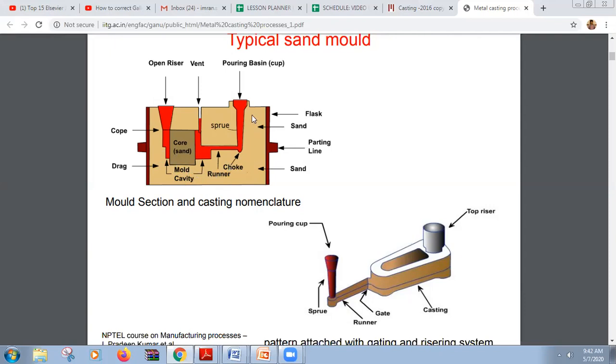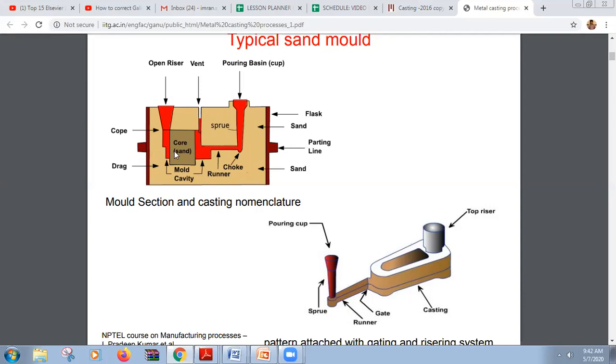Molding sand is filled into the inverted drag part, that is the lower part of the flask. When this sand is completely filled, we reverse the molding flask, we reverse the drag, so that the drag's upper portion comes upside.